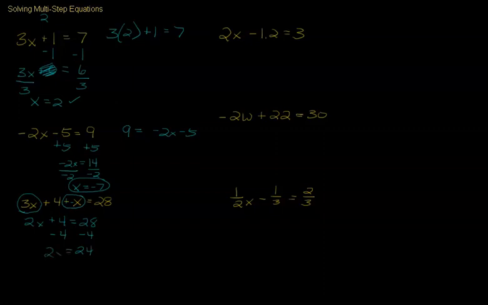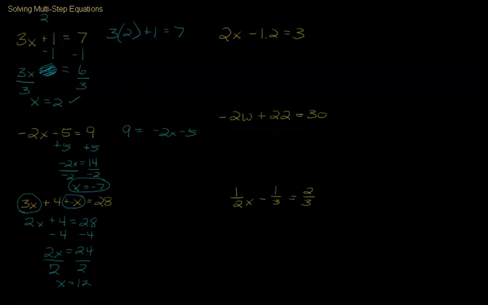We have 2x equals 24, so we divide by 2, and we get x equals 12. So always opposite operations as we start solving. But in this one, we had to simplify first and put the x's together.